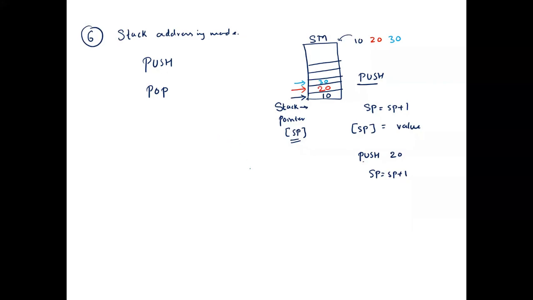Similarly, we have the pop operation. Now what is a stack? A stack is last in, first out. Which value will be popped first? The one which was pushed last, that was 30. If I write pop, first it will read the value from where SP is pointing.